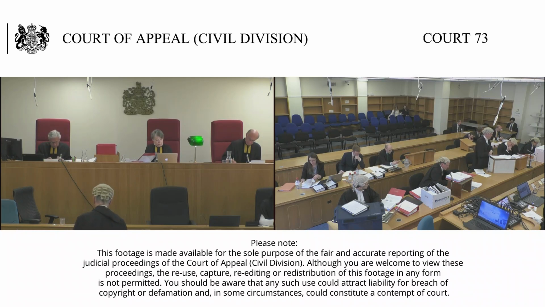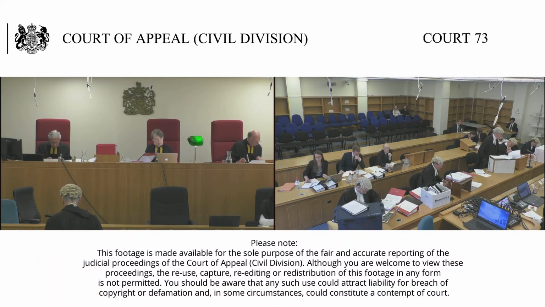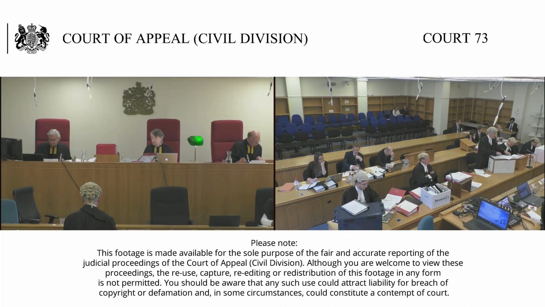And thirdly, a representative claimant may represent a class even if the members of that class have been affected by the defendant's actions in different ways. We also submitted, and this wasn't disputed, the fourth point that the judge lists at paragraph 85, that there's no limit to the number of persons that can be within the class represented.